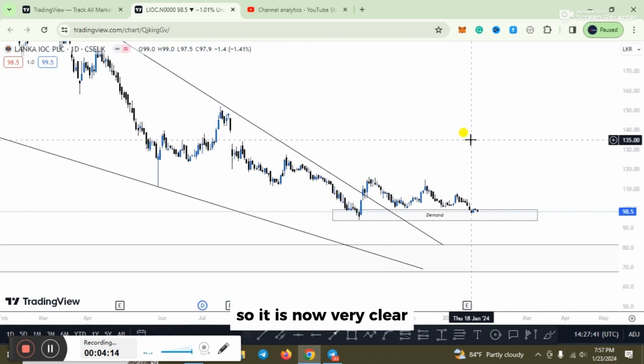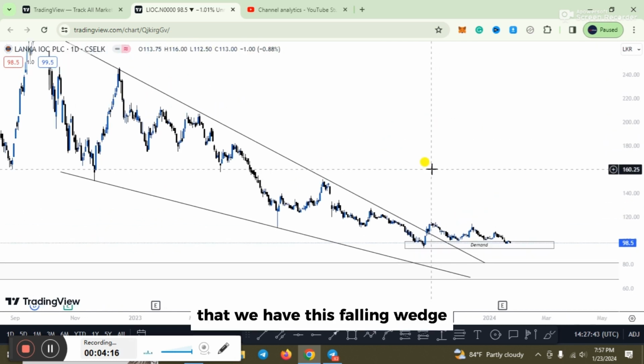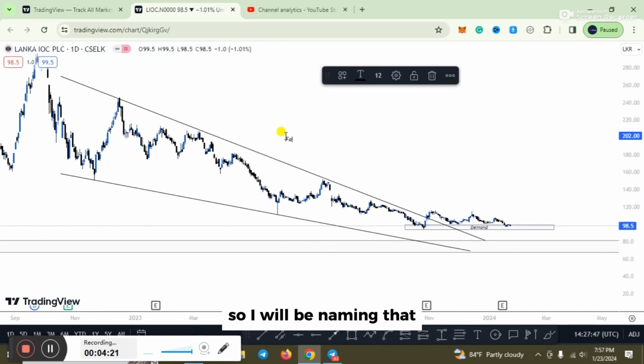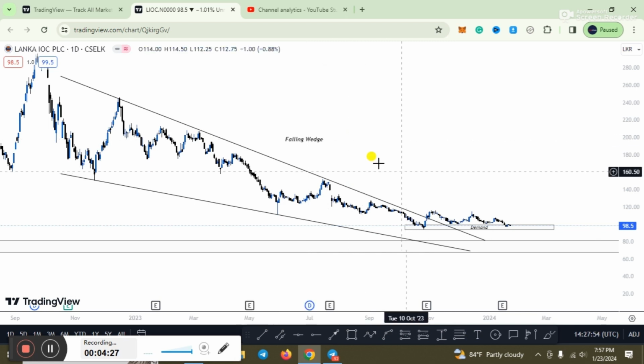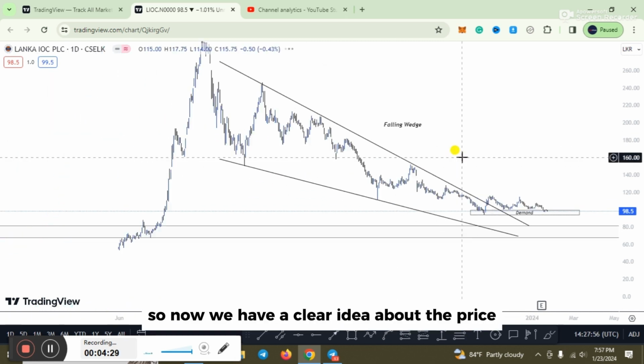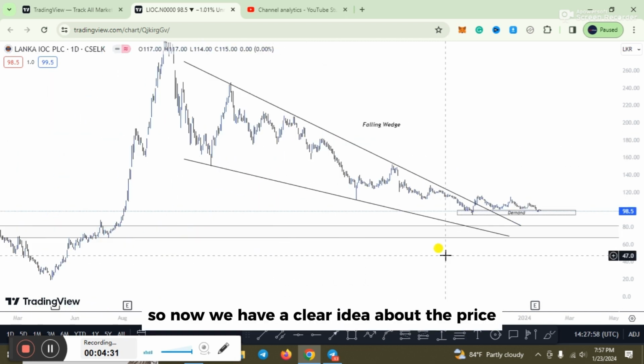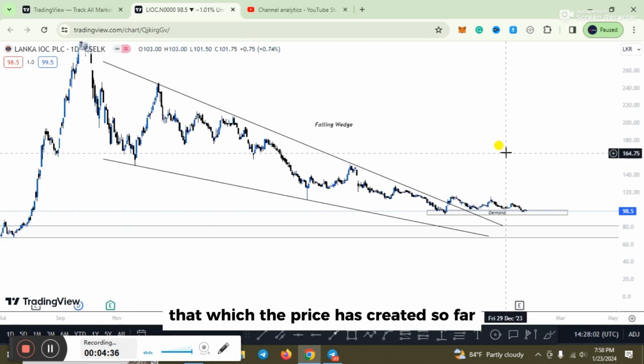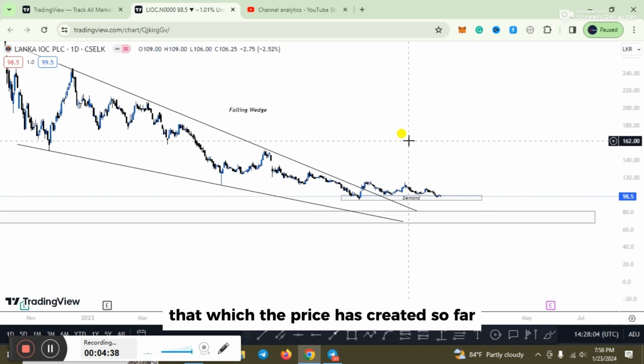It is now very clear that we have this falling wedge, so I will name that the falling wedge. Now we have a clear idea about the price action, the trend lines and the structures that the price has created so far.